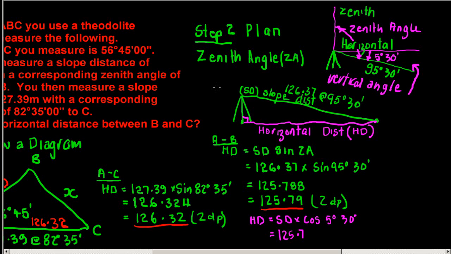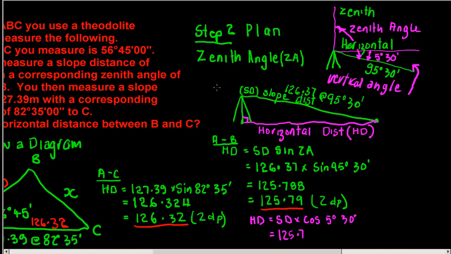There you go. Now, just as a bit of an independent check, and just as a point of interest, I've done the horizontal distance there, and it is equal to the slope distance times cos 5 degrees 30, which, believe me, comes out 125.79, despite my having left the 9 off in this case.